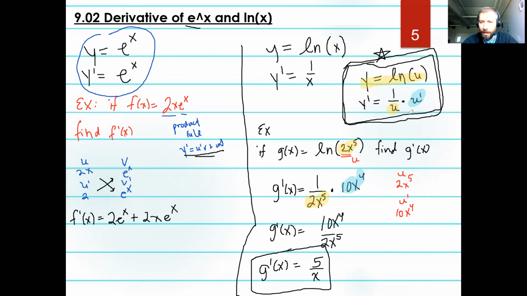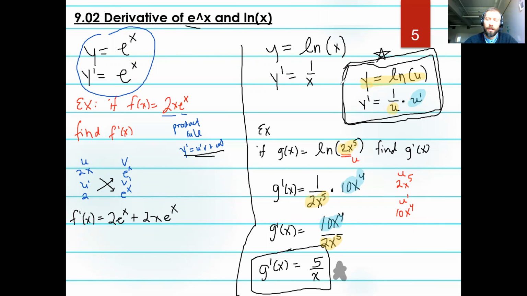I identified that, and then I multiplied those two things. And remember that that 10x to the 4th is its own fraction over 1, and that 2x to the 5th was on the bottom. So I put those two things together in that way. And then I really just reduced. 10 divided by 2 is 5, and x to the 4th divided by x to the 5th is really 1 over x, or I have an x remaining on the bottom. So that would be my final answer.